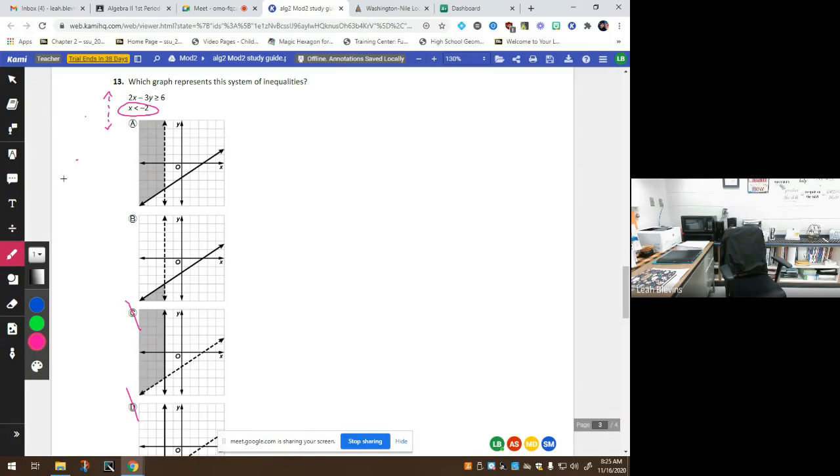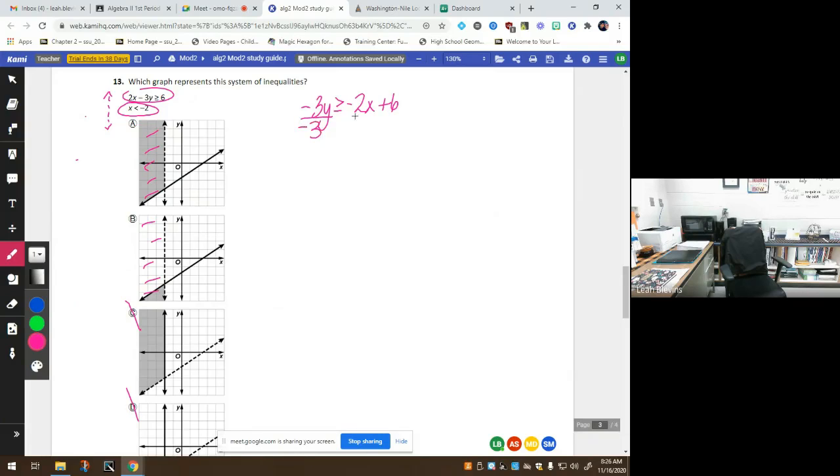So now we got a 50-50 chance without even really having to think a whole big bunch of getting this problem right. So now let's look at this. They shaded x is less than -2. Well, that's this side of the line, so that's both of them. So we can't go off of that. So it looks like we're going to have to put this in slope-intercept form and look at which side we should shade. So -3y is greater than or equal to -2x plus 6.